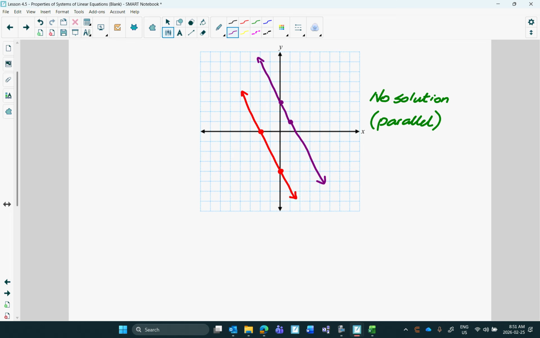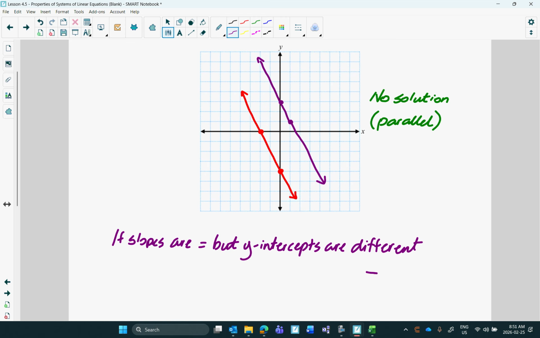So if the slopes are equal but y-intercepts are different, they're going to be parallel to each other, and they're never going to meet, which means there's no solution. So if the slopes are the same but they have different y-intercepts, no solution.